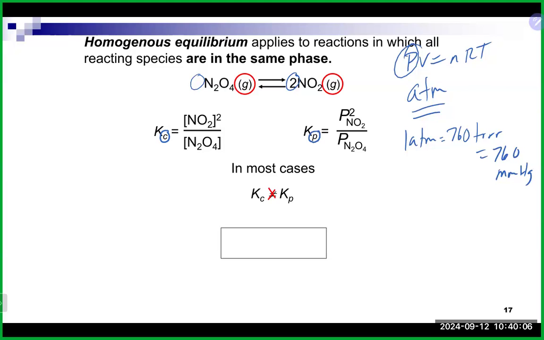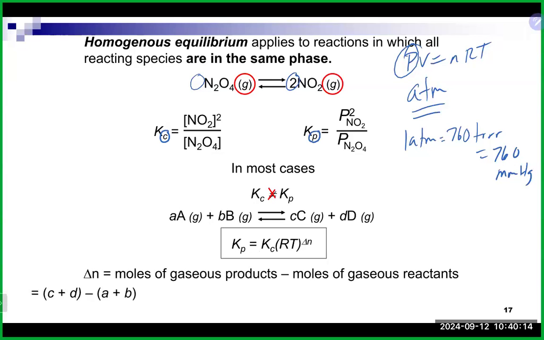So there is a way that you can go between Kc and Kp if you needed to. And you can do this by taking this equation. The Kp value, by the way, again, still an equilibrium constant value, which means it doesn't have units, will equal Kc times RT.